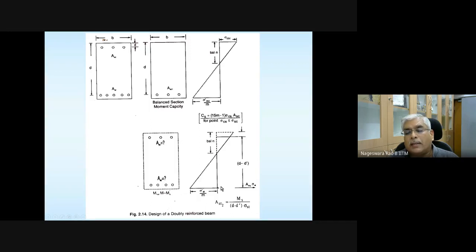So let's see the procedure for given dimensions.